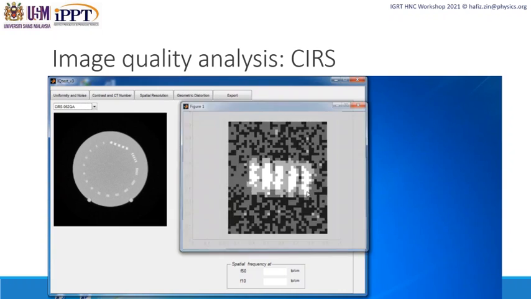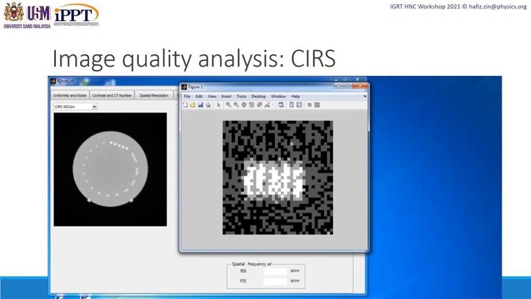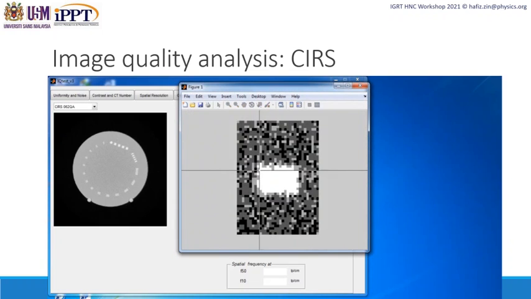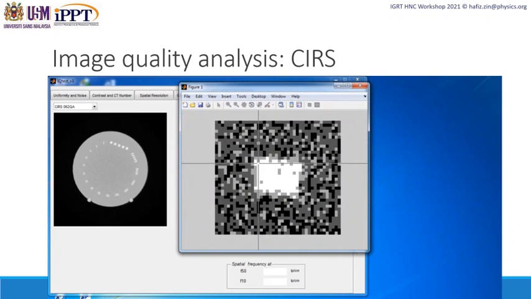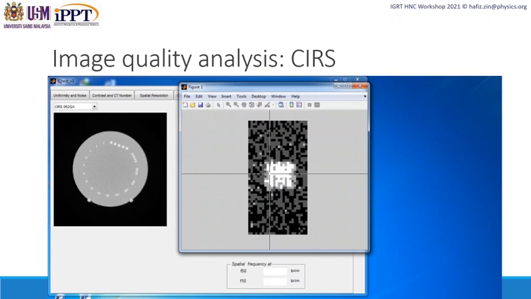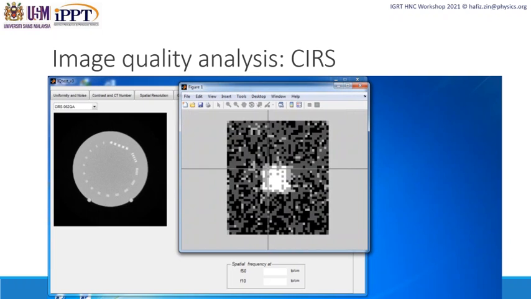This example is just for the point of understanding the method, but actually in day-to-day QA tests that we perform at the institute, we automate this, because the region will always remain at the same position on every imaging performed every month.